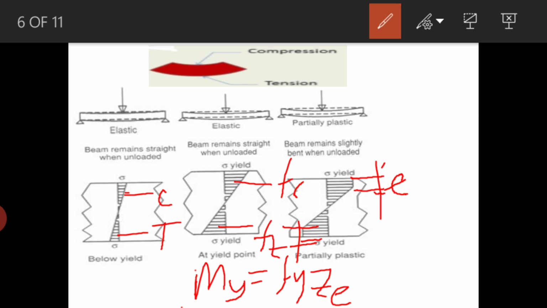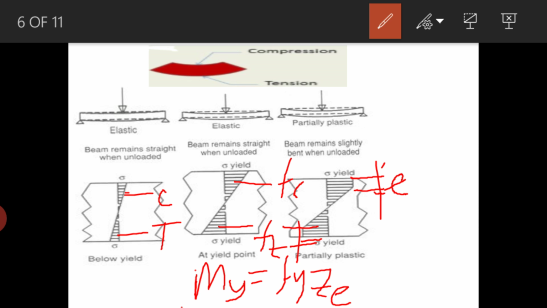Because of the yielding of the fibers at the compression zone as well as the tensile zone, the beam remains slightly bent when unloaded, and the yield gets penetrated into the inner fibers for a depth E, called the depth of penetration, which is shown in figure number 3, that is, stage number 3.